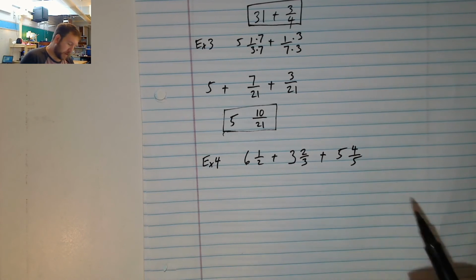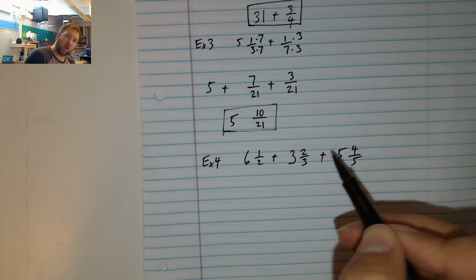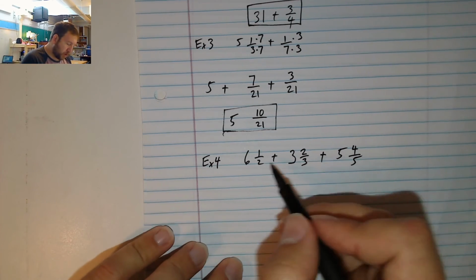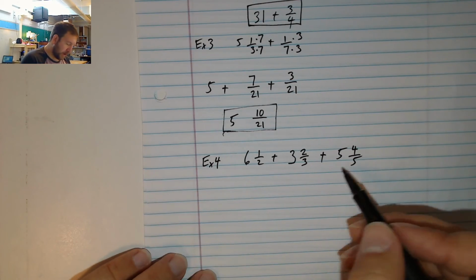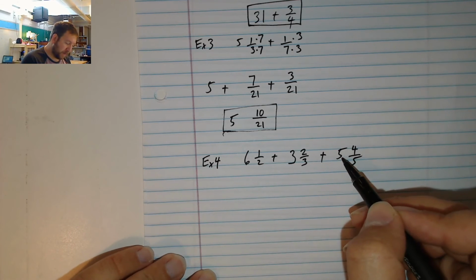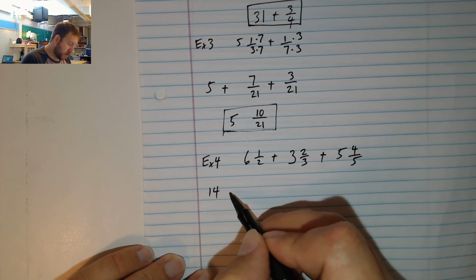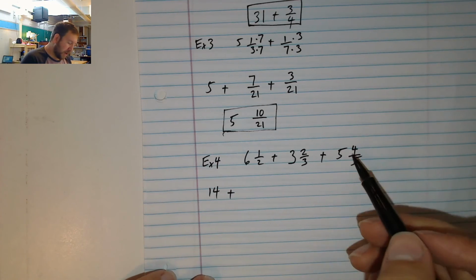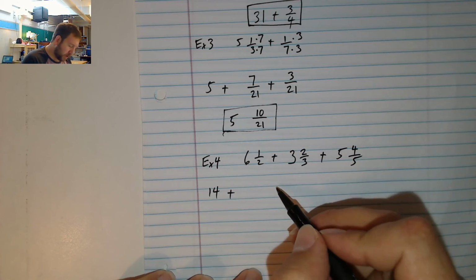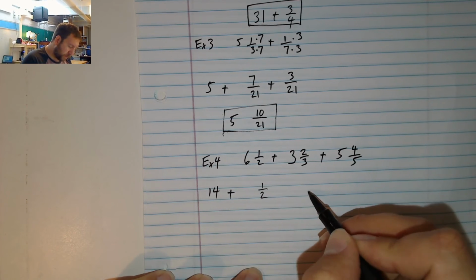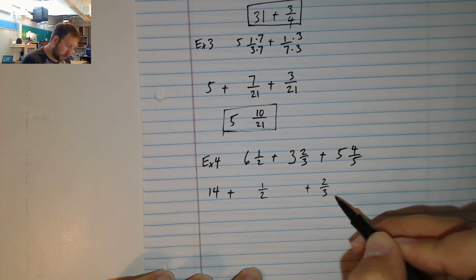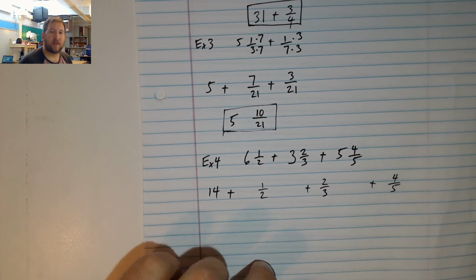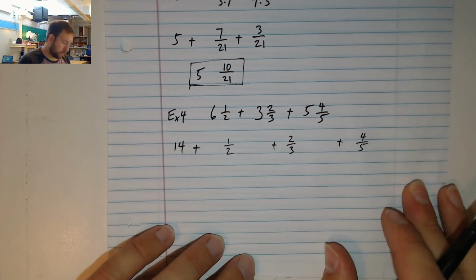The problem this time is that I need to get something that all of these will become common denominators with. So I can pull out my whole numbers. 6 and 3 and 5 is 14. So I have 14 plus, and I can do that because of my commutative and associative properties. As long as I'm only adding, it works. So I have 1/2 plus 2/3 plus 4/5. And I made space because I'm going to be doing some equivalent fraction work.